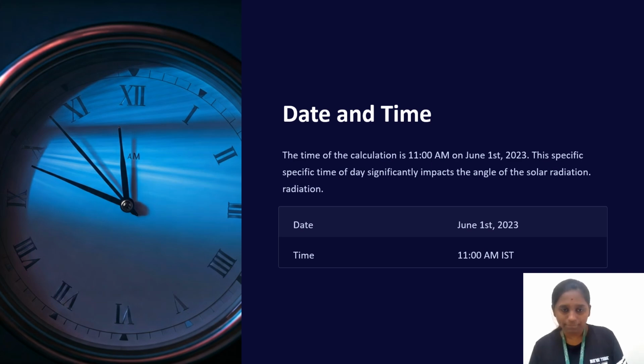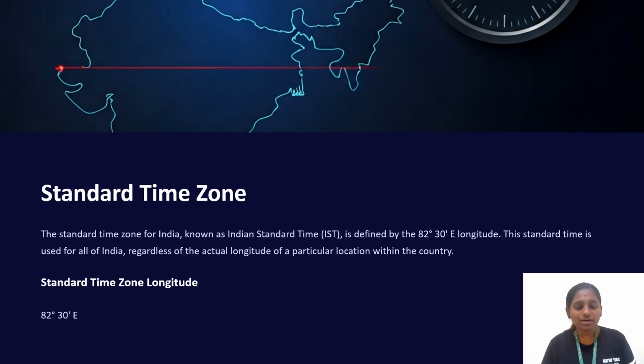Date and time. This is also given in the problem statement. The time of the calculation is 11 a.m. on June 1st, 2023. This specific time and date significantly impact the angle of solar radiation. The date and time are listed here. Standard time zone.